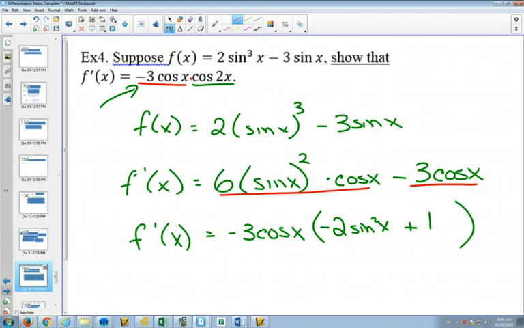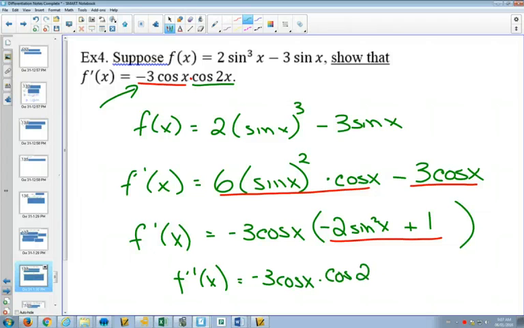Now the only thing I need to do is change this, 1 minus 2 sine squared x. You look at your identities and you go, oh, that matches up perfectly. And so we're done.